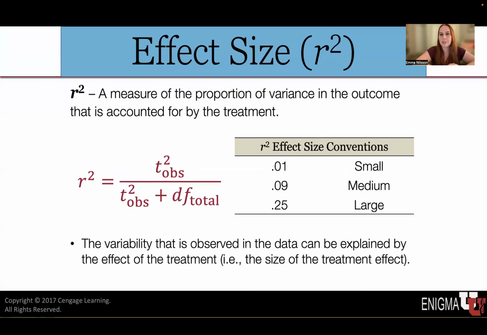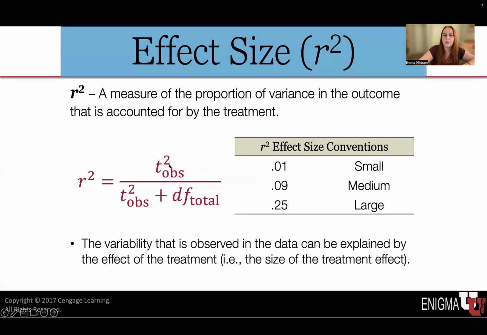The second way that we measure effect size is with R squared. This is how we measure what proportion of variance in our outcome is accounted for by the treatment. We talked about this in our last lecture about one sample t-tests, and the formula for calculating R squared for an independent measures t-test is exactly the same as the way we calculate it for a one sample t-test.